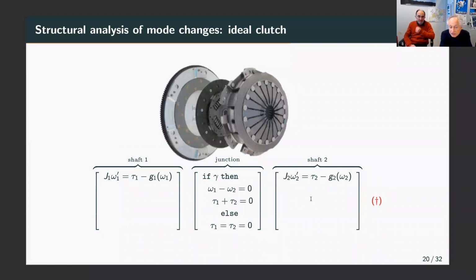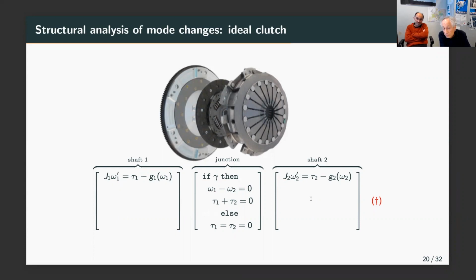It consists of an ideal clutch for which you have the model shown here. For each shaft, you have the autonomous dynamics, which consists of a single equation. And then you have the model of the junction in the middle that says that if gamma is true, it means that the clutch is engaged.